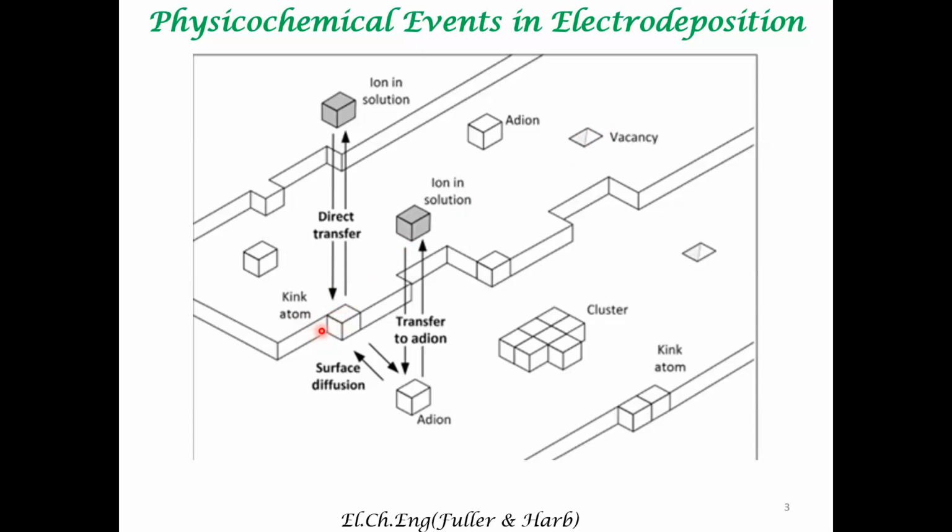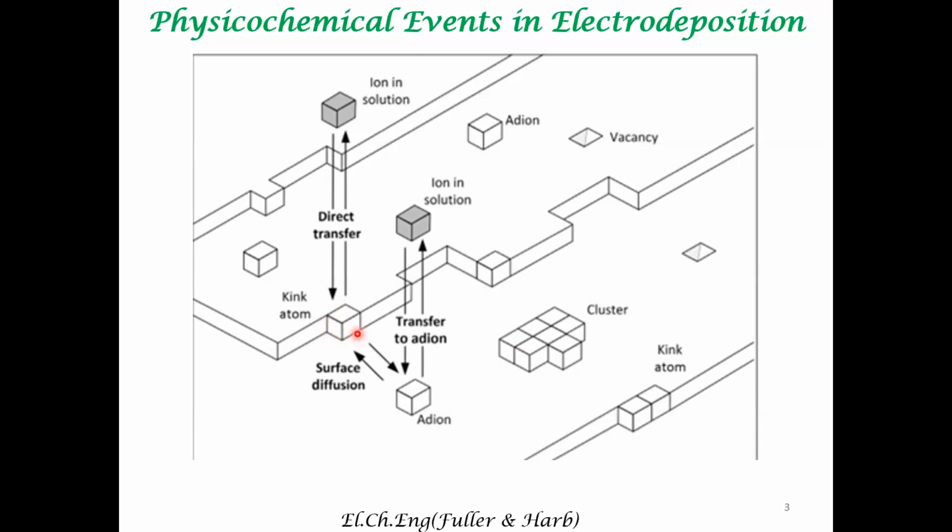This has consequences in the deposition. Supposing the deposition is initiated at a kink site, often this happens because the atom will get added to the site where the surface energy is higher compared to the flat region. The surface energy of the kink site is greater. The surface energy is correlated to bond unsaturation.